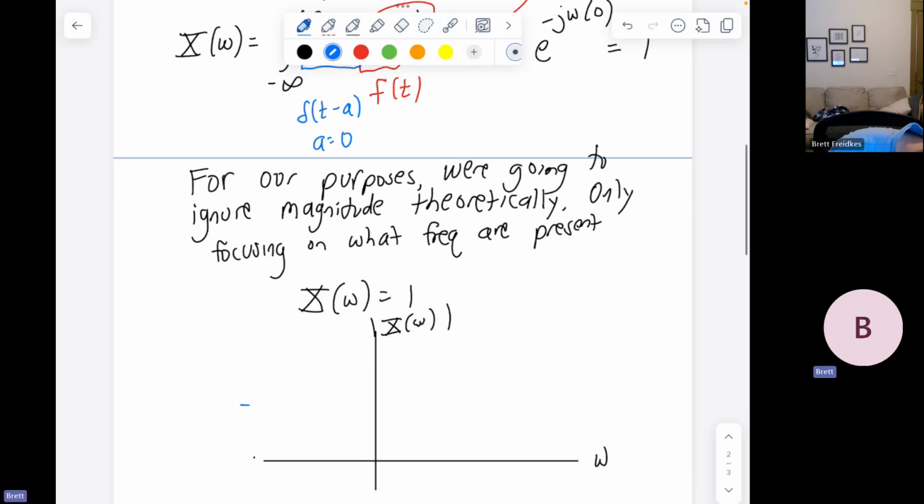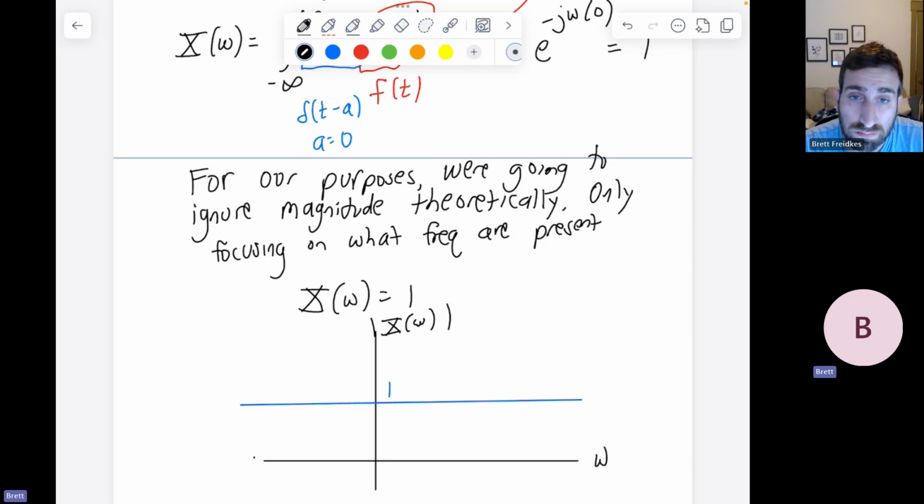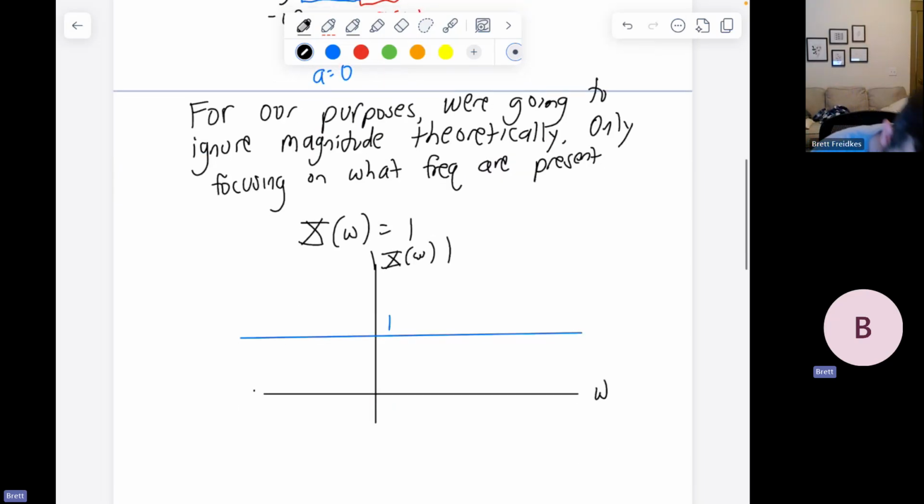This basically says that no matter what omega we plug in, we end up with a straight line that is at 1. This tells us that all frequencies make up the Dirac-Delta function.